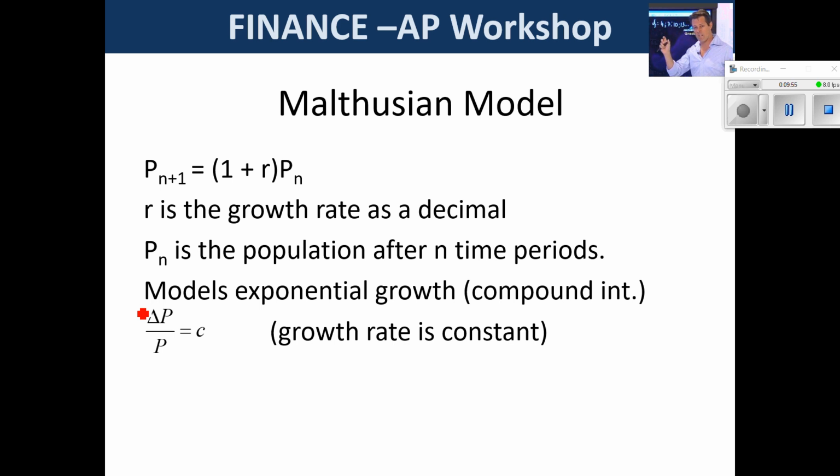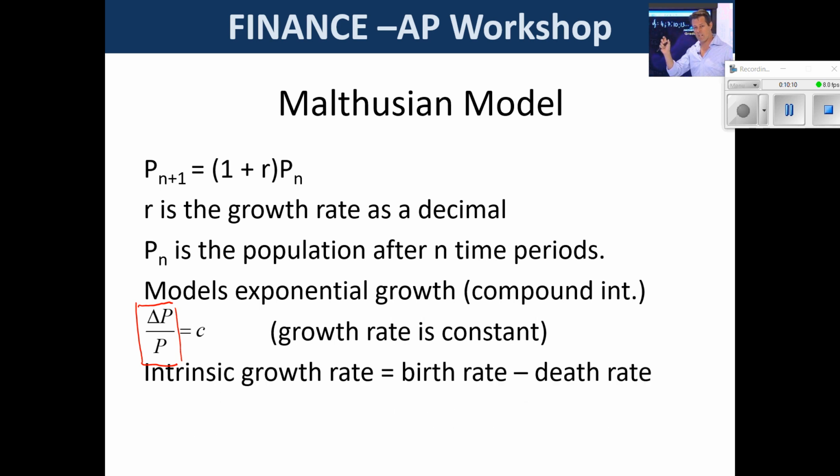This change in population over population, which we're going to see a number of times, which is a significant part of a logistic model, is known as the growth rate. The change in population versus the population is a growth rate, and this is a constant growth rate. It's like saying when we compound something, there is a constant interest rate as we go further and further.